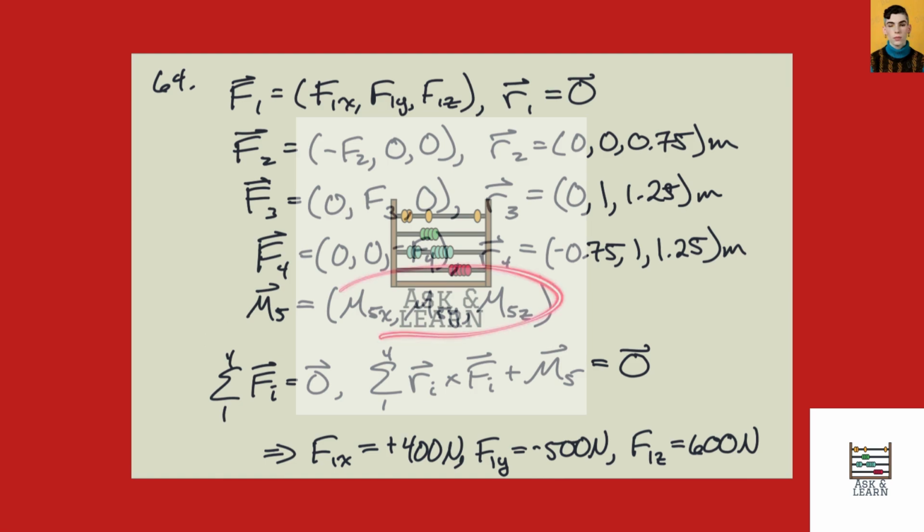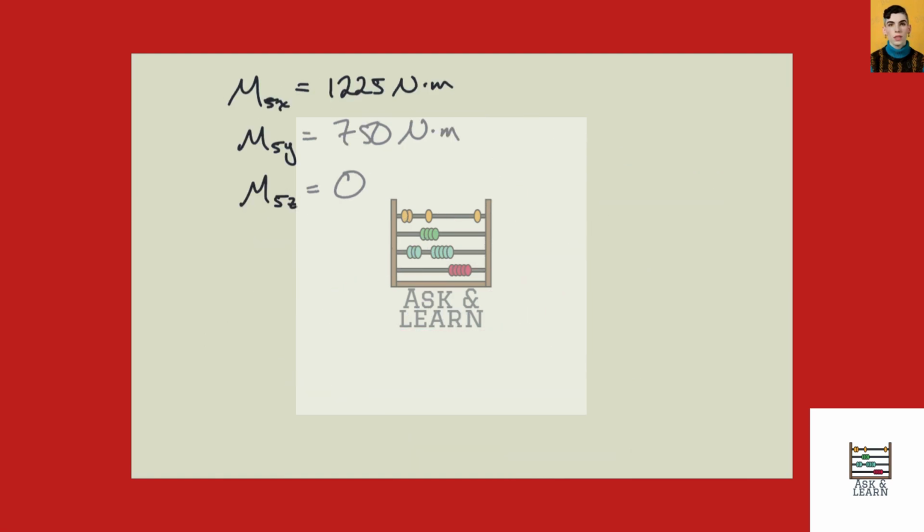Now we can find the moments too. We have a moment about the x-axis of 1,225 newton meters, about the y-axis of 750 newton meters, and the moment about the z-axis, which would be working to unscrew the pipe from the base, happens to be 0.